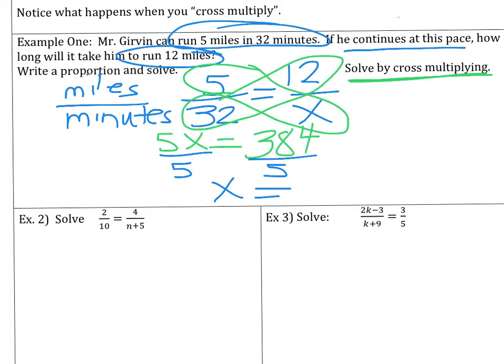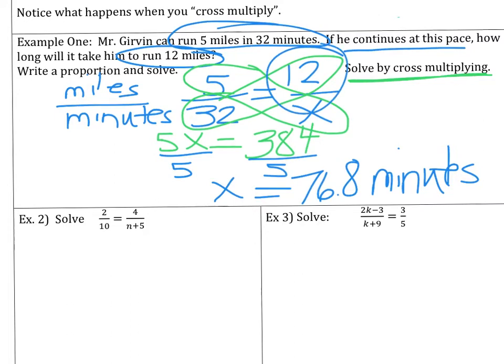And then you are going to get 76.8. In this case, remember we are talking about how many minutes to run. So 1 hour would be 60 minutes, so approximately 1 hour and 16.8. So about 1 hour and 17 minutes to go 12 miles.